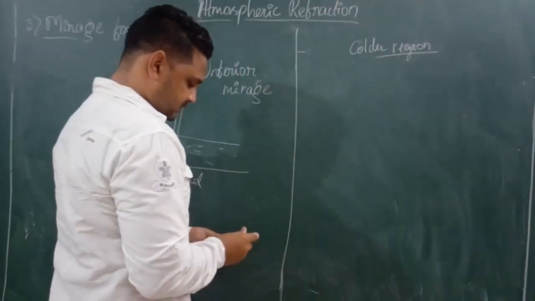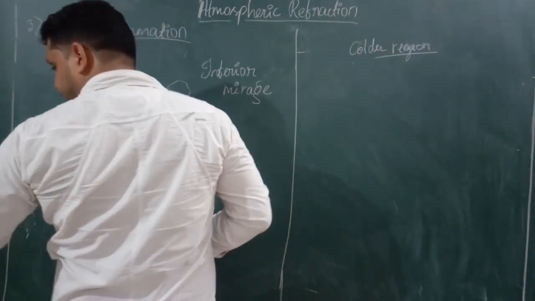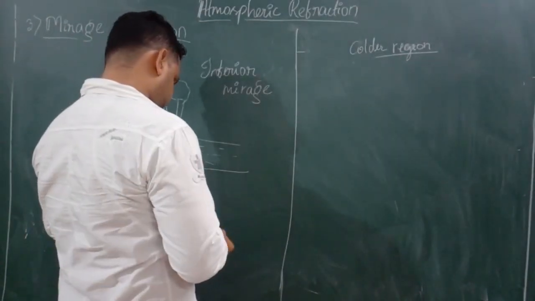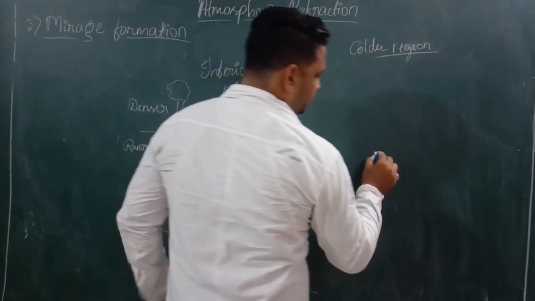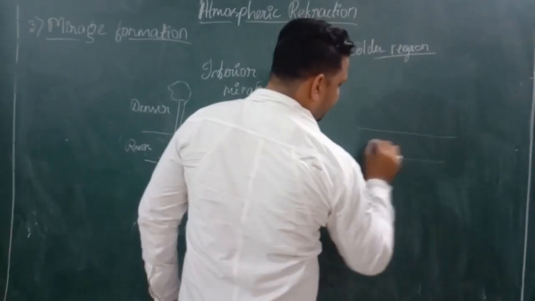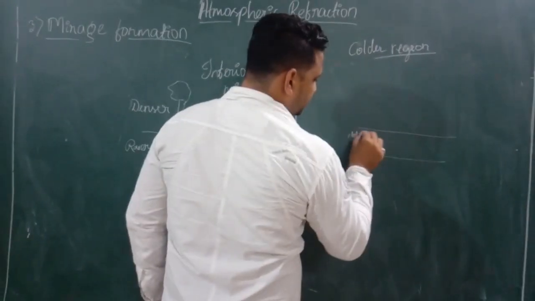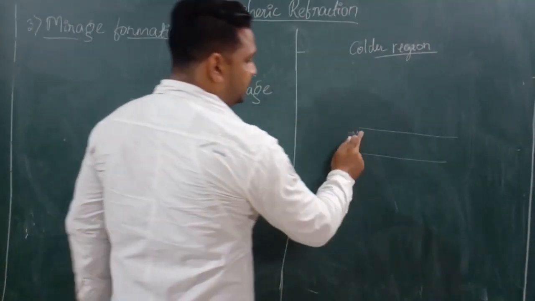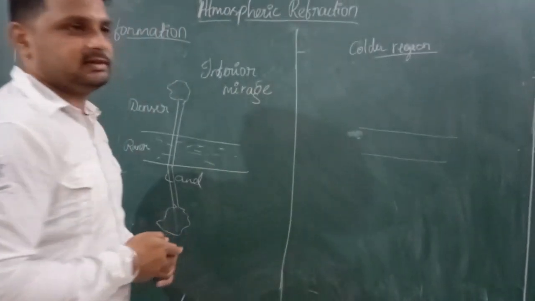In colder areas, if this is the land, the air just above the land is generally hot, but in this case, just the opposite happens.